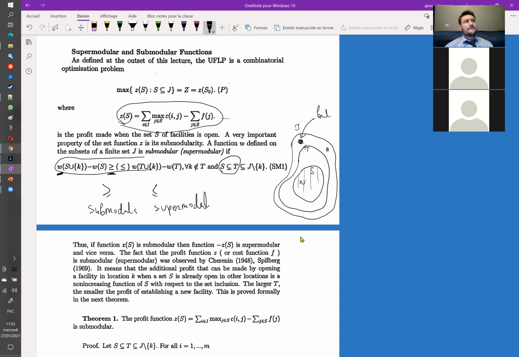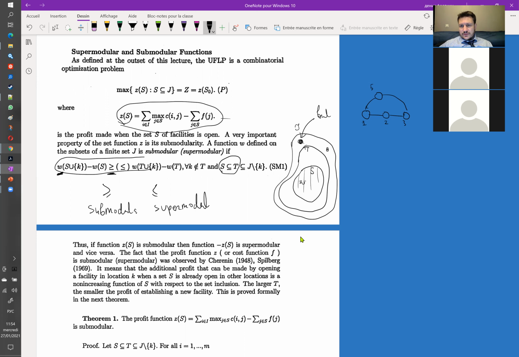For example, we have a graph there, and this addition, this one node, is very important for our small set. Here it's 1, 2, 3, maybe 5.